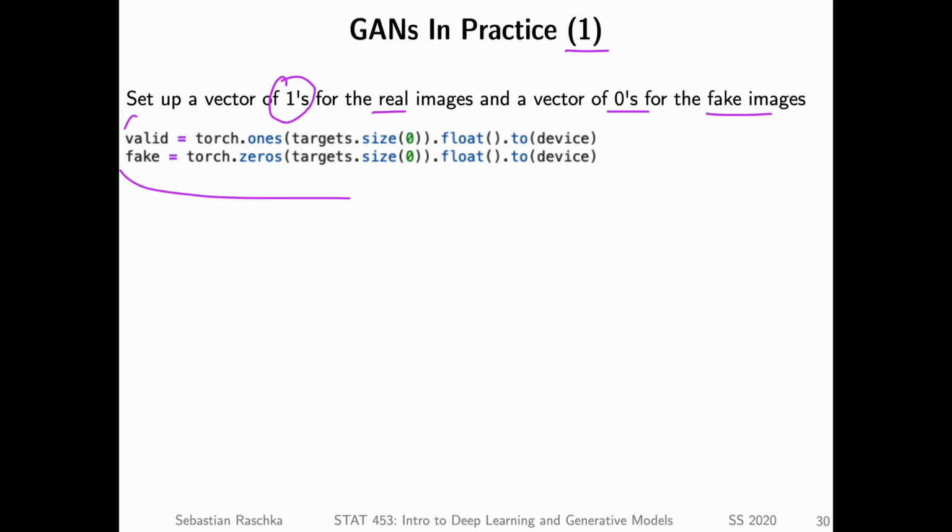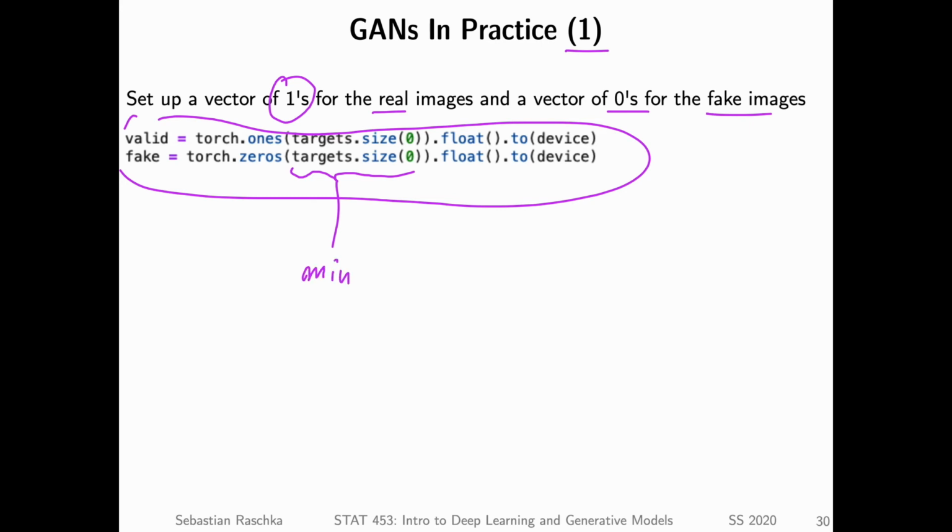So here I'm just creating two vectors, and maybe it's a little bit confusing what that means. That was just computing the size of the mini batch. So maybe just think of it as mini batch size. So I'm creating two vectors here with class labels for training, one with the class labels for the real images and one for the fake images.